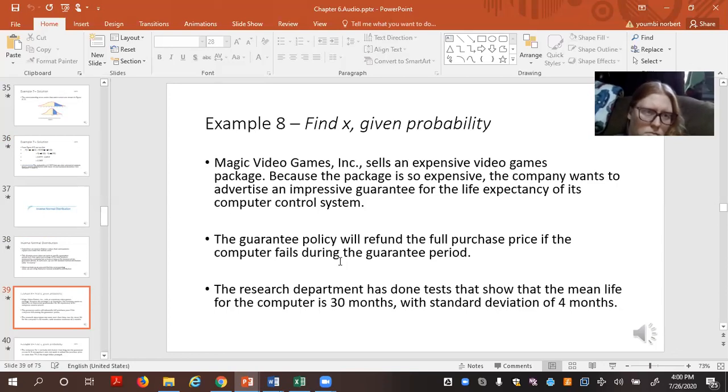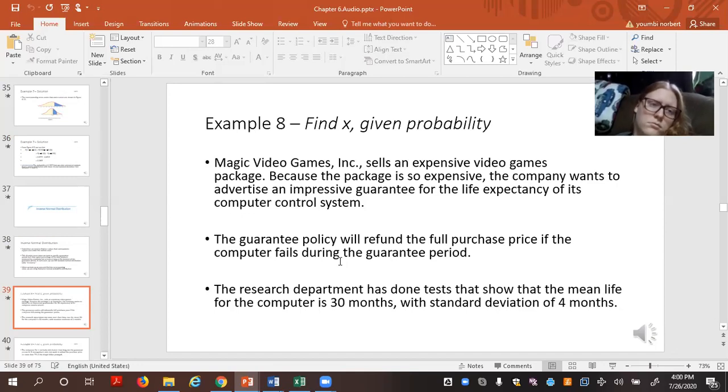So the area to the right of Z is 0.05. They gave you area to the right. Ask yourself what is area to the left. Once you know area to the left, you will use your calculator to get the correct answer.